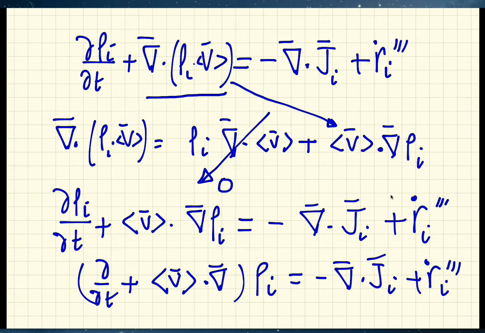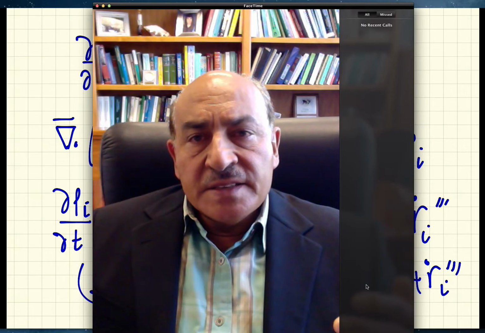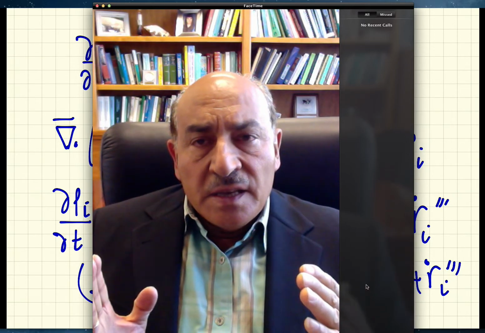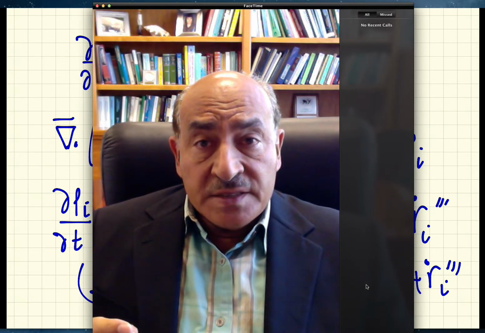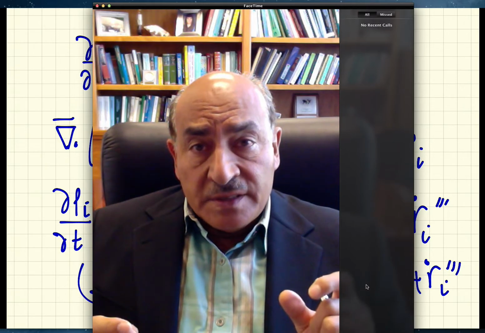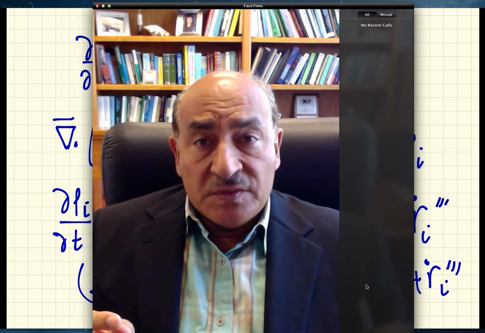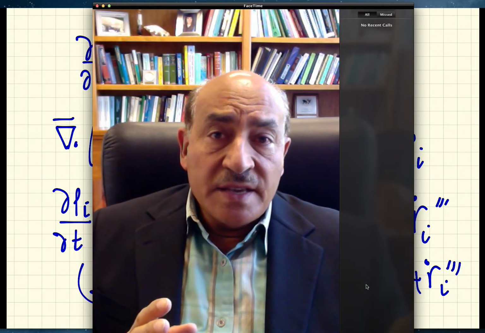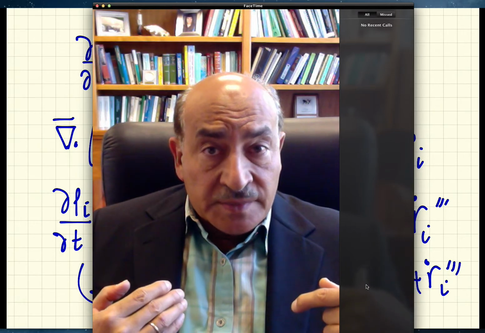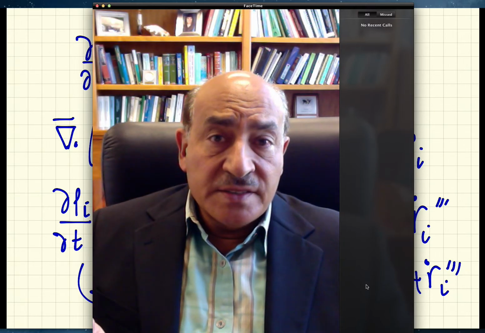We have an equation that tells us that the rate of change with respect to time of the density rho I, plus the dot product of the average velocity times the gradient of the density rho I, that sum is equal, on the other side, to minus the divergence of the flux of element I plus the production rate.